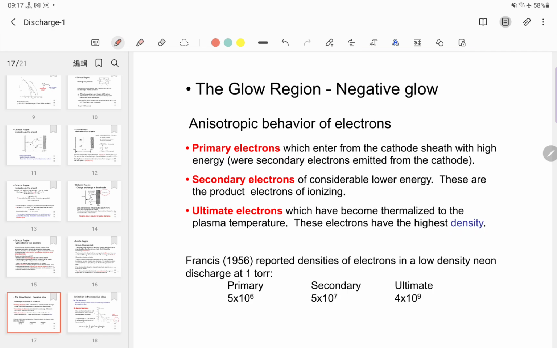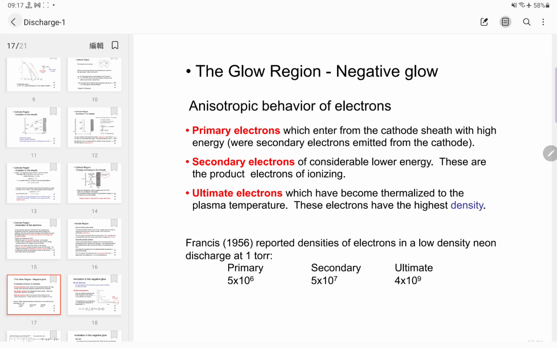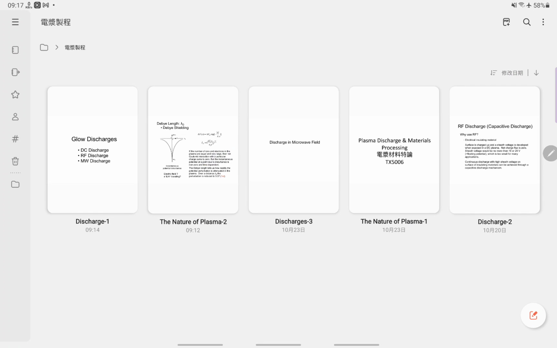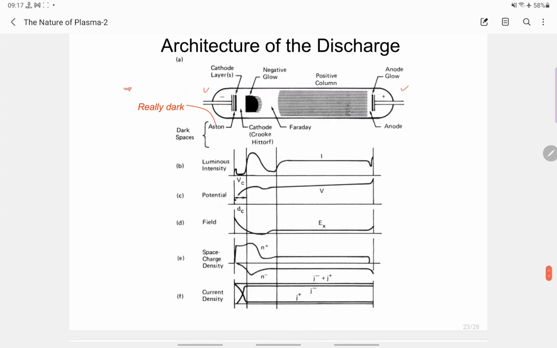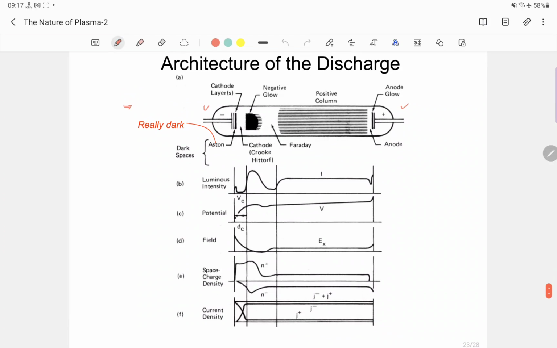So there are different regions: cathode surface, and then cathode layer, or what is called cathode region, and then negative glow, and on the right-hand side is the anode surface and the anode region. In the last hour we learned the discharge process in the cathode region and in the anode region, and this hour we will discuss the discharge process in the negative glow region.